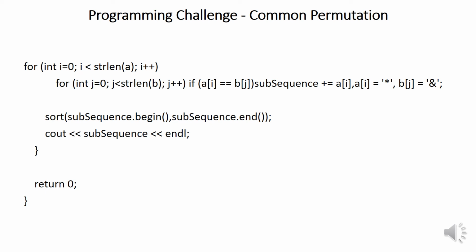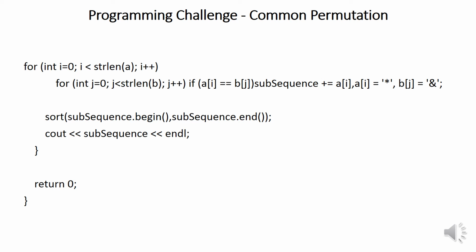Again, I repeat, for the loops, we have to take two for loops. The first for loop is executed until the string length of A, and the second for loop is executed until the string length of B. After that, in the if statement, we check the two characters from the two strings A and B. If they match, we store it into the subsequence variable.